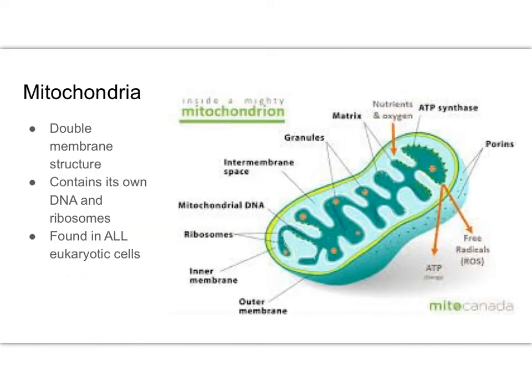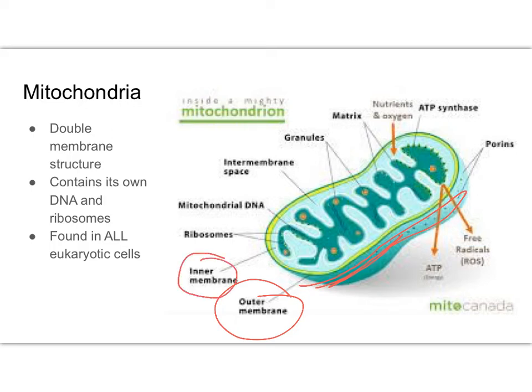All right, so let's shift over to our two organelles that help with energy conversions. These are going to be really important, obviously, to the cell. They're doing energy conversions, and we're going to look at a mitochondria first. A mitochondria has a double membrane structure. Let's look at what we've got going on here. We've got an outer membrane, which is this kind of darker looking shadow part, and then you have an inner membrane.